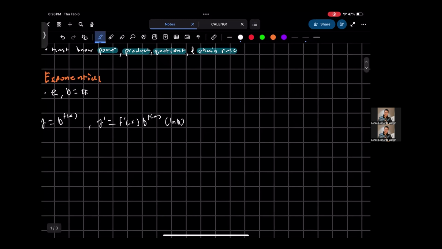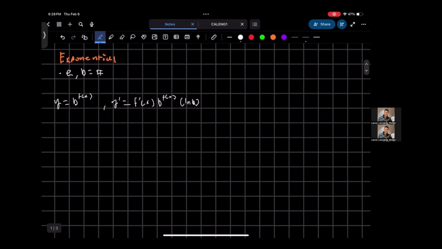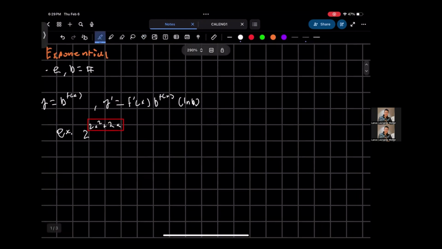Now let's have an example. Say your task is to get the derivative of 2 raised to x squared plus 2x. First, you get the derivative of this exponent, which is 4x plus 2, right?